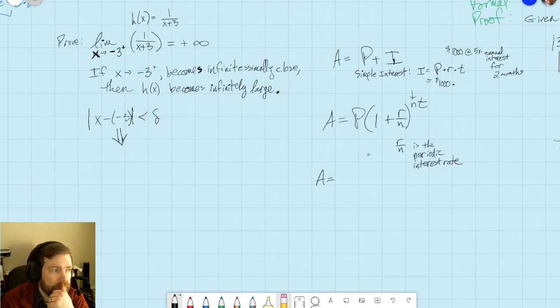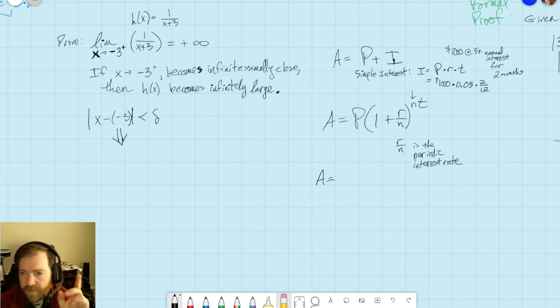So here's the thing. Your units have to agree. In this particular case, this is 5%, 5 out of 100, so 5 cents on every dollar, 0.05, times 2 months, which is 2/12 of 1 year. And again, these are approximations because not every month is the same size, but that's close enough.